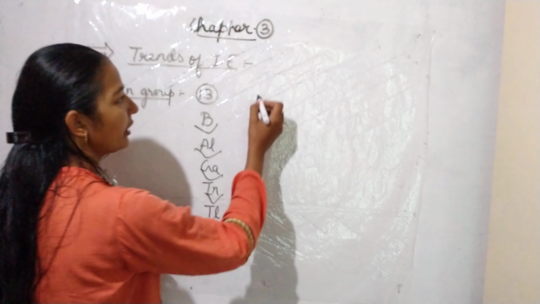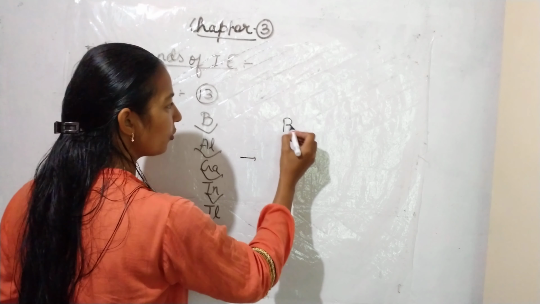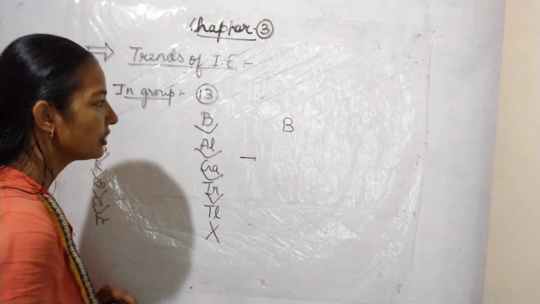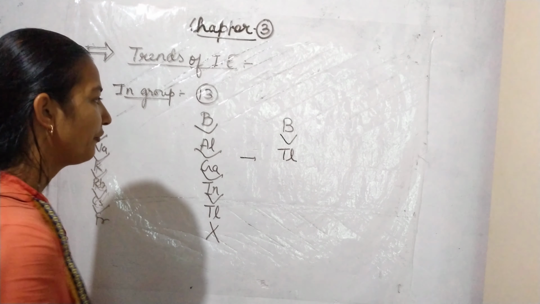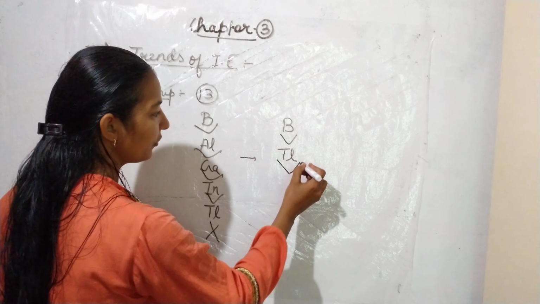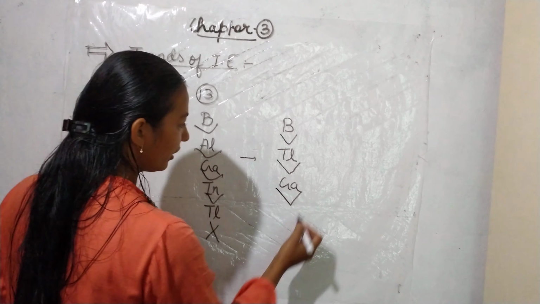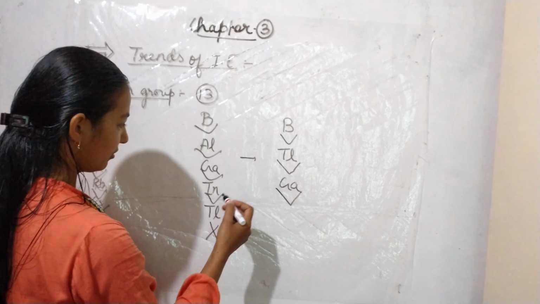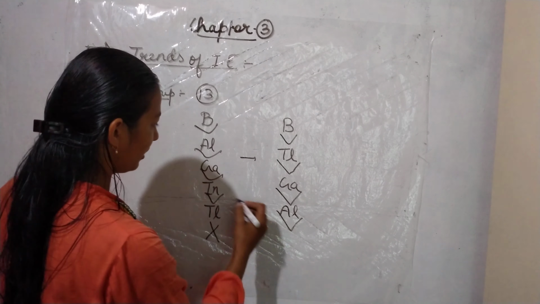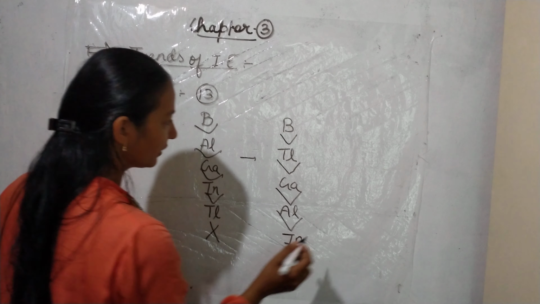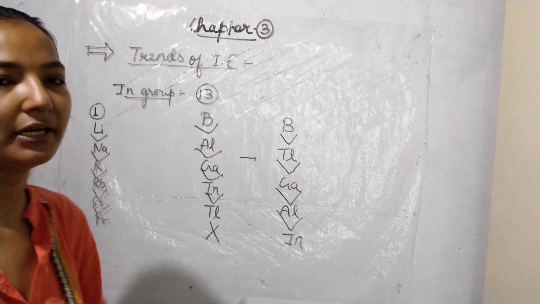The actual order for group number 13 is: boron has the maximum ionization energy, then thallium, after that gallium, after that aluminium, and after that indium. So this is the actual order, in which the order is completely disturbed.